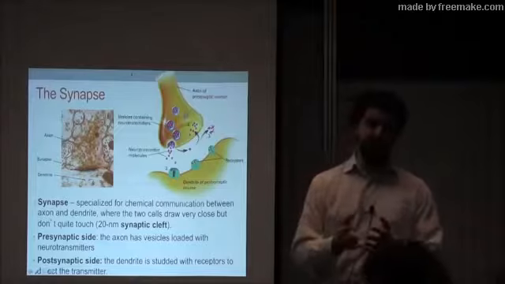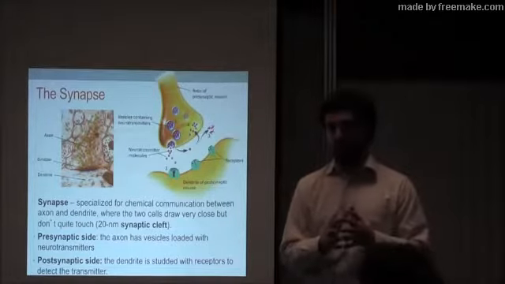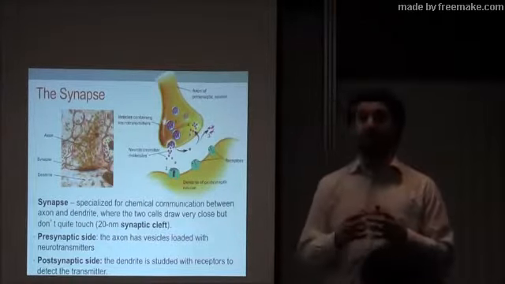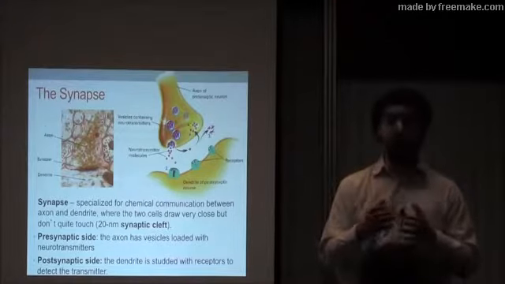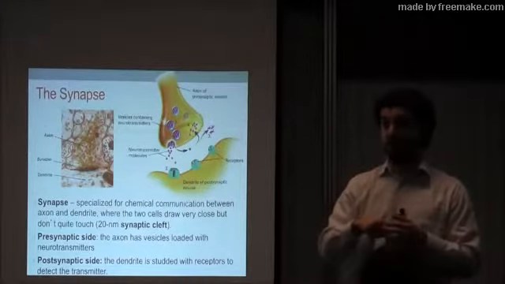With the activation of the axon terminals, vesicles containing chemicals called neurotransmitters are released in the synapse.